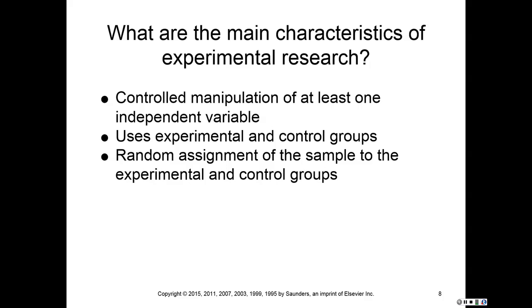Now, what are the main characteristics of experimental research? In experimental research, there's controlled manipulation of at least one independent variable. It uses experimental and control groups. There's random assignment of the sample to either the experimental group or the control group, or groups.